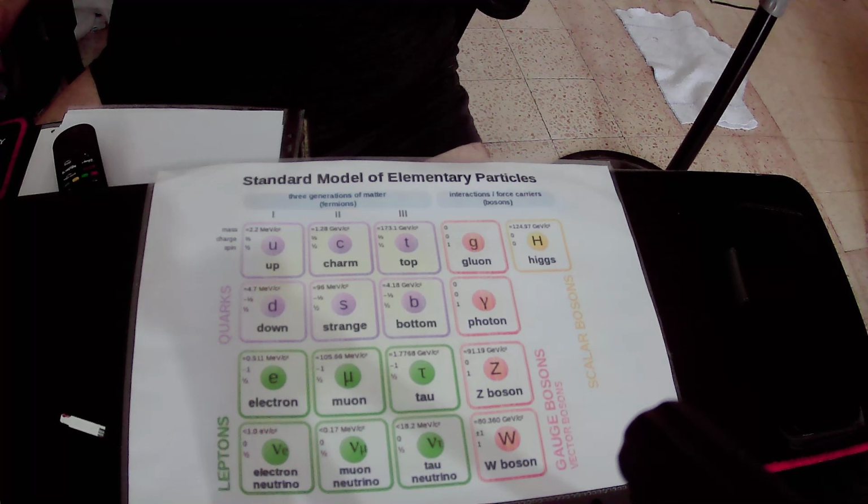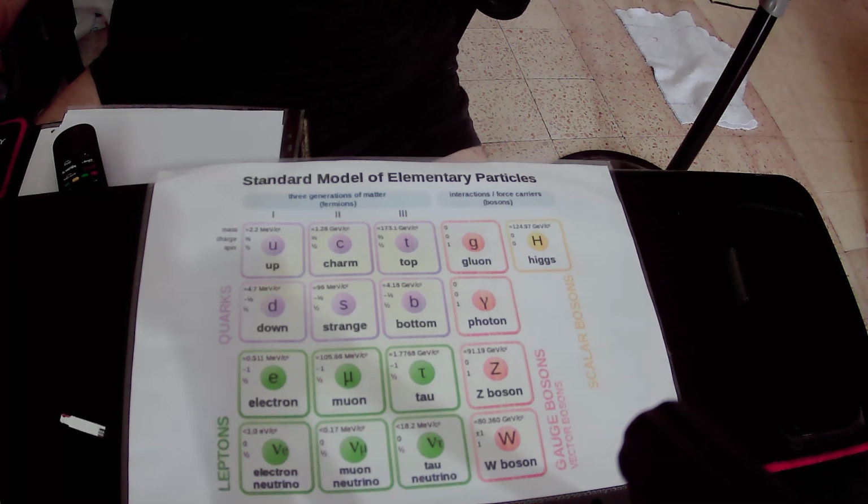It is not here, and the scientists assume that this particle does exist, although we haven't found that particle.